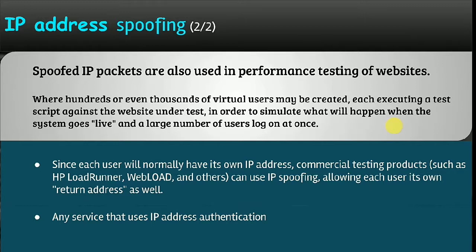Since each user will normally have its own IP address, commercial testing products such as HP LoadRunner, WebLOAD and others can use IP spoofing to allow each user its own return address as well.